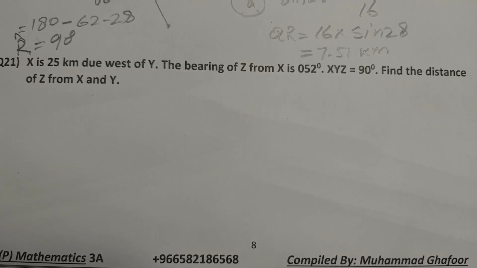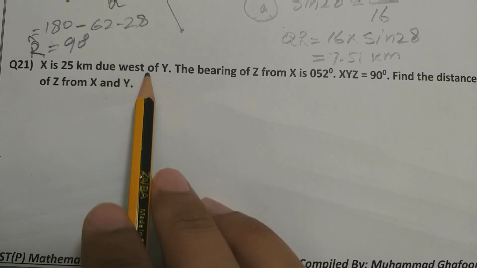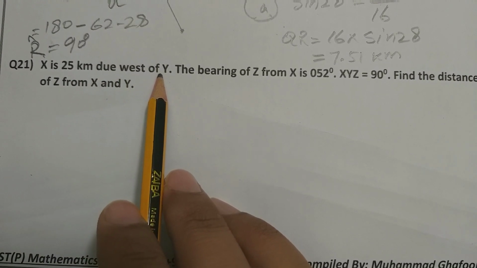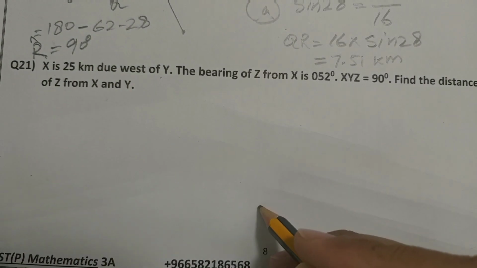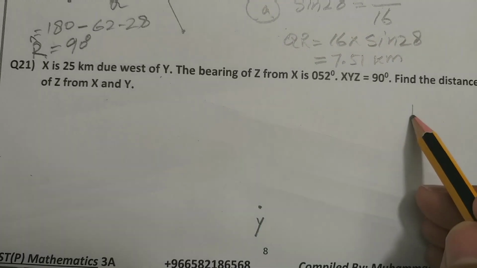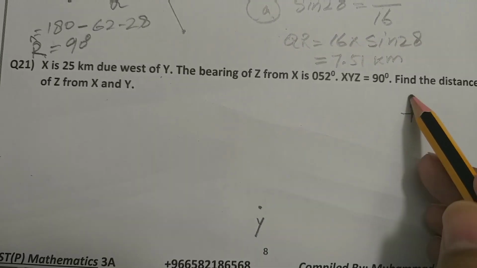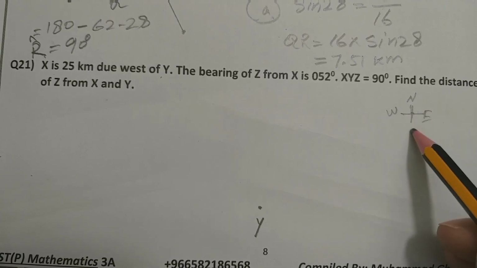Okay, in this question, X is 25 kilometers due west of Y. So it means X is on the west of Y. If this is Y, so this is the west point. Again, if we look here, from this point, this is the north, this is east, this is west, and this is south.